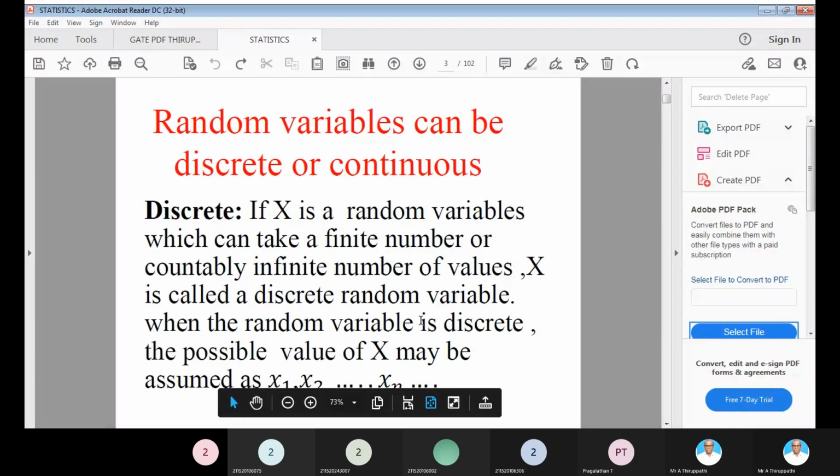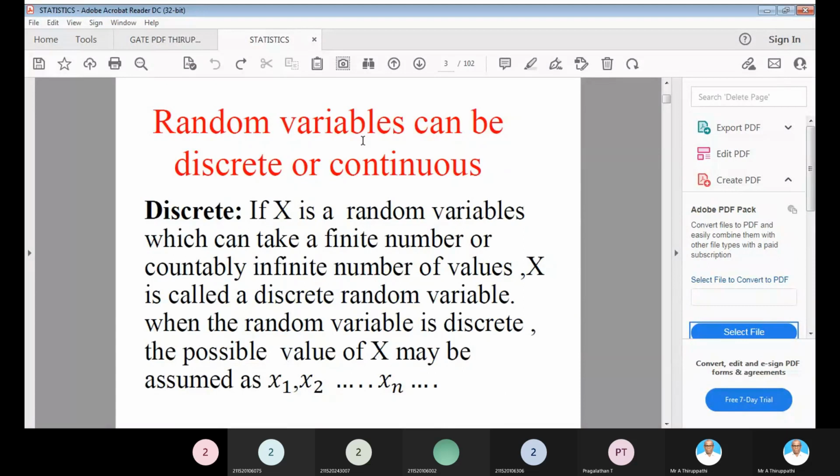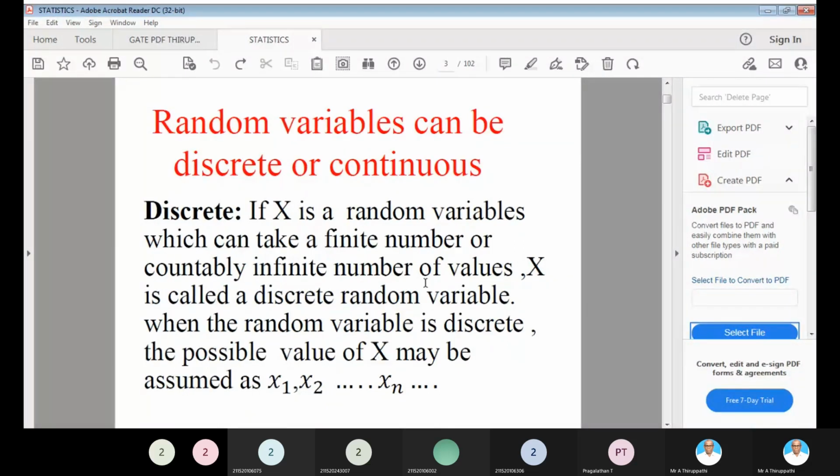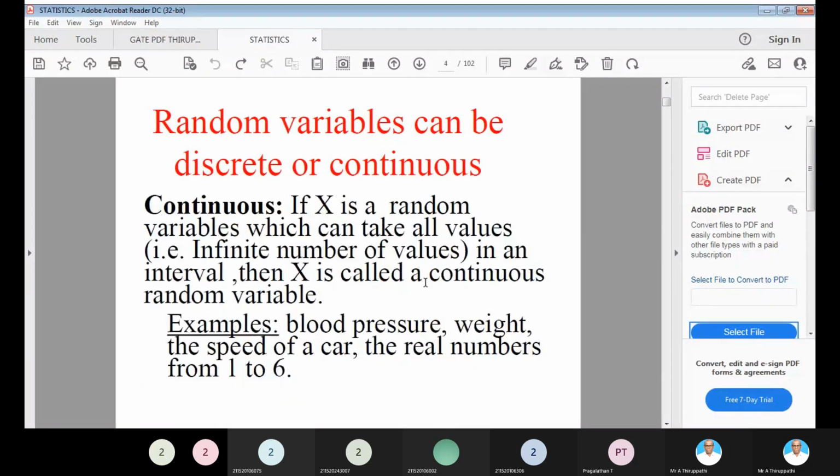So already we have discussed the definition of the random variable. Outcome of an experiment, assign a real number, is called a random variable. Random variables are classified into two types: discrete random variable and continuous random variable.